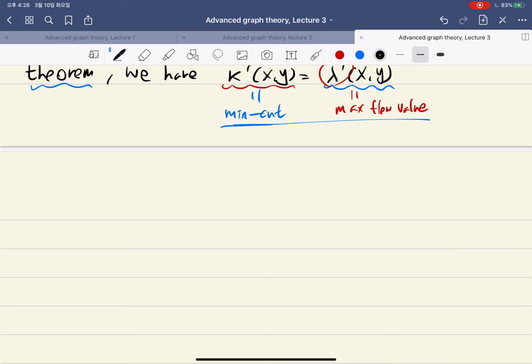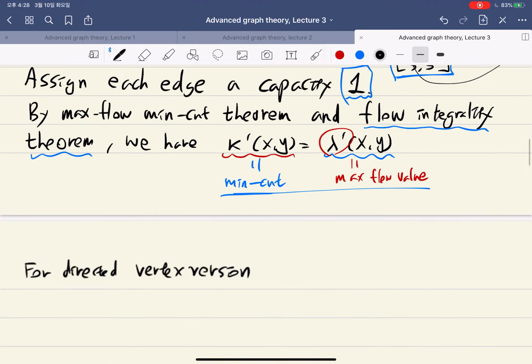And for the directed vertex version, what we do is we have, say, this digraph.